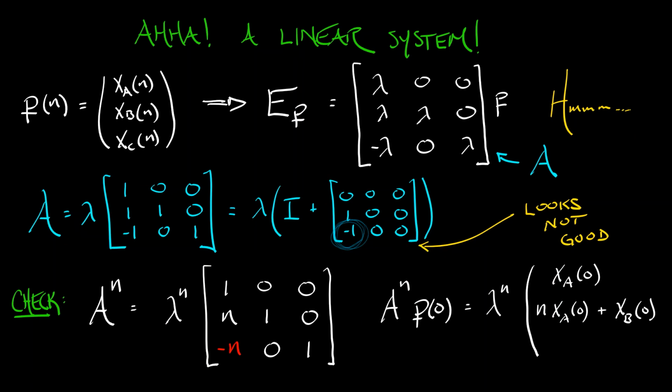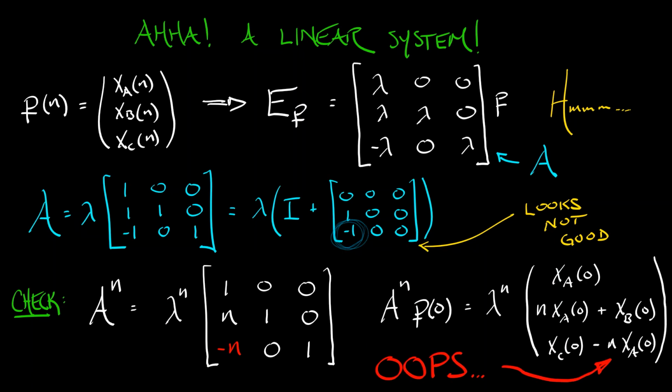But the C population size is XC at time 0 minus n times XA at time 0. Oh no, that is not good. That means that eventually our C population goes negative. We have run out of people in that lowest caste. And since everyone has to marry someone from that caste, you can see why this is bad news.